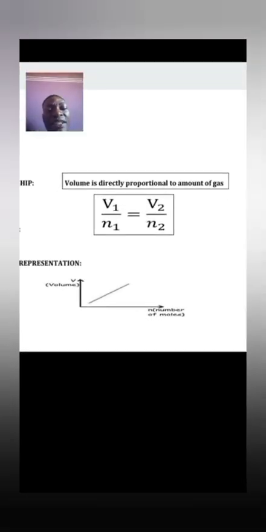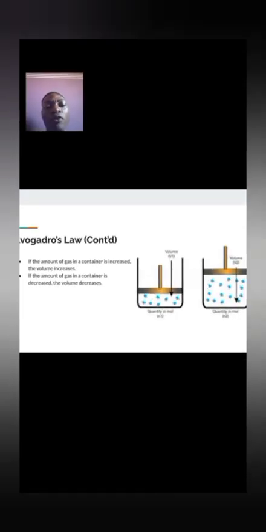In the graphical representation, V1 over N1, where V1 is the volume and N1 is the number of molecules, is equal to V2 over N2. As volume increases, the number of molecules also increases. If the amount of gas in a container is increased, the volume will also be increased. If the amount of gas in a container is decreased, the volume will also decrease.